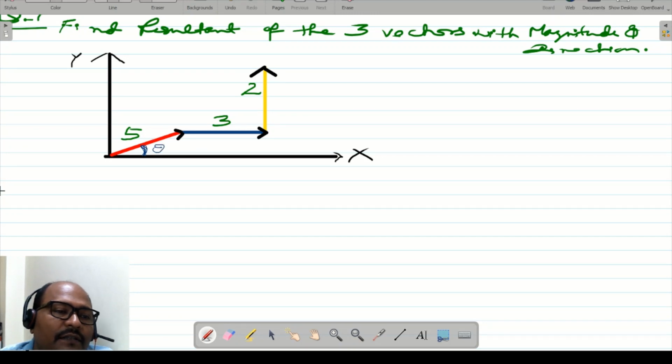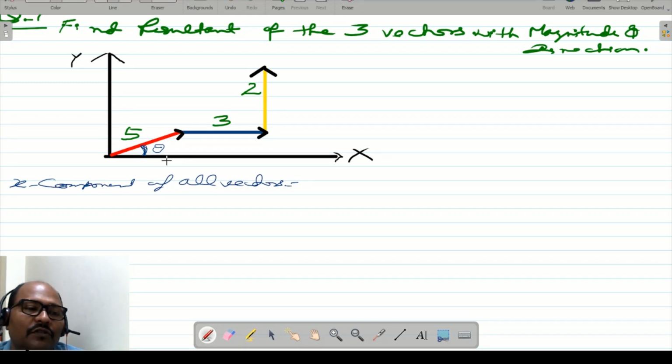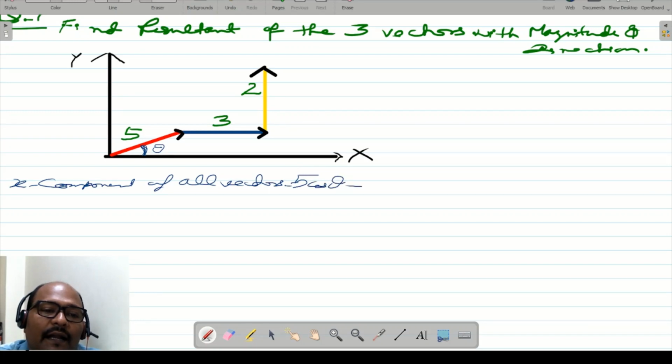Then the x component of all vectors will be what? This 5 will lead to 5 cos theta. 5 cos theta is the component along the x-axis, right? And 3 is already in the same direction.